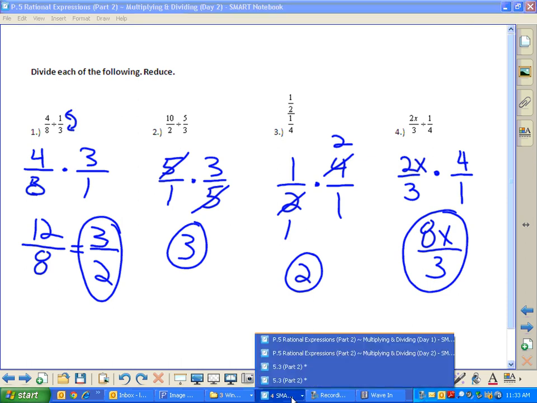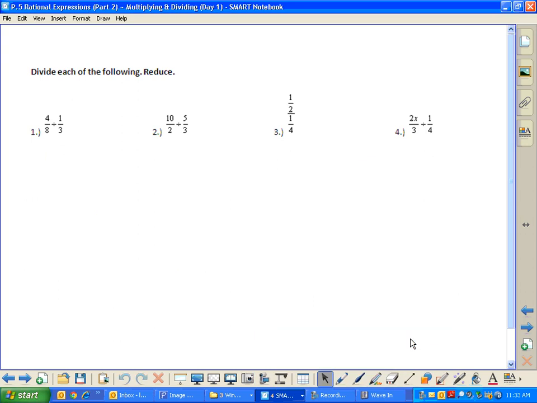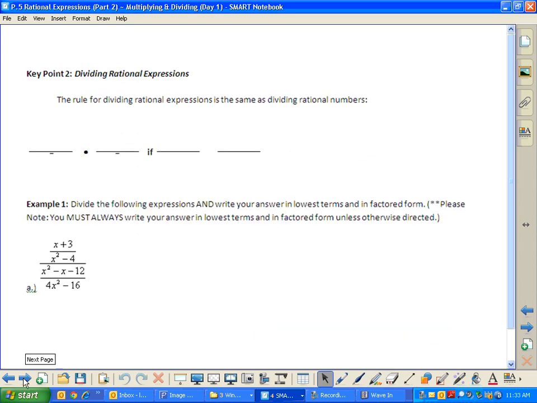To talk to you a little bit about the process, what you're going to see today are problems that look like A/B divided by C/D. And just to drive home the point, you never really divide fractions. We always treat that as multiplication.